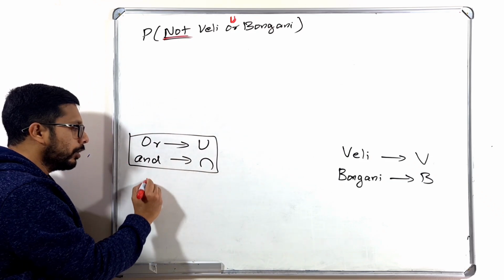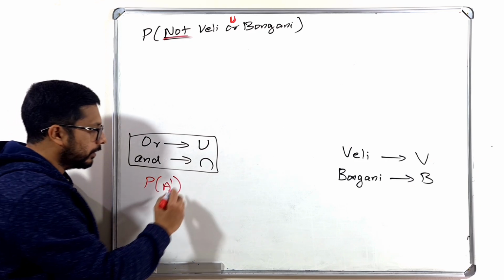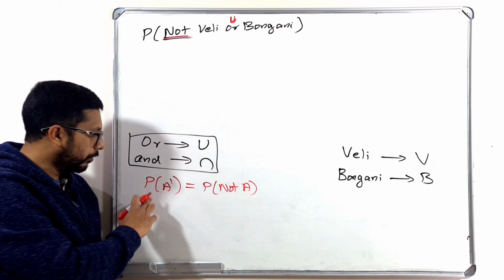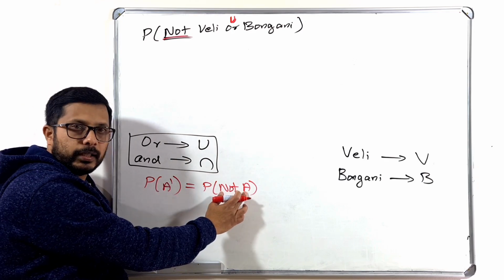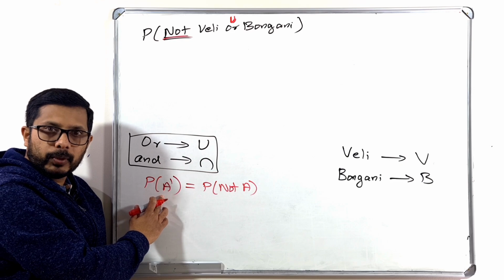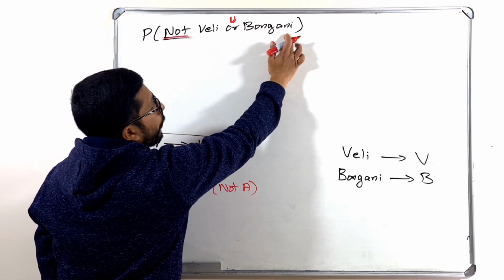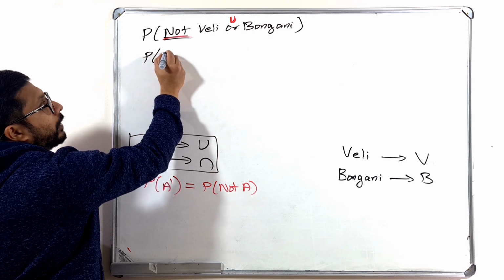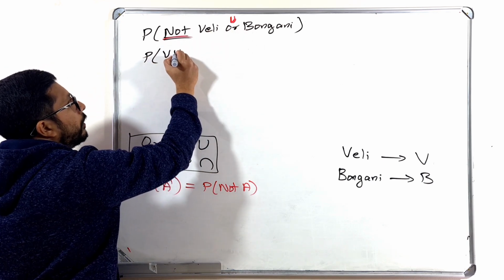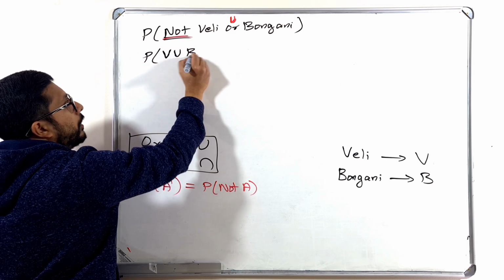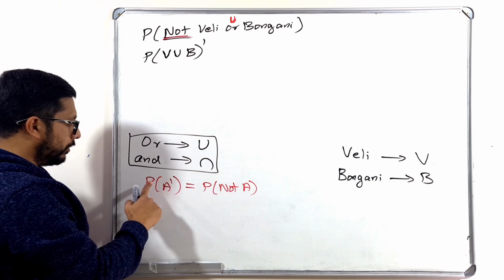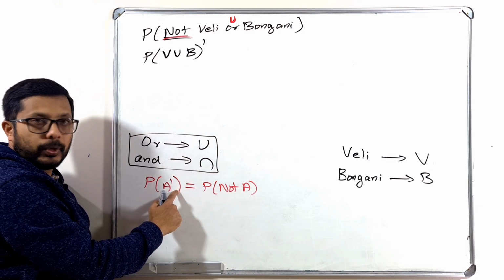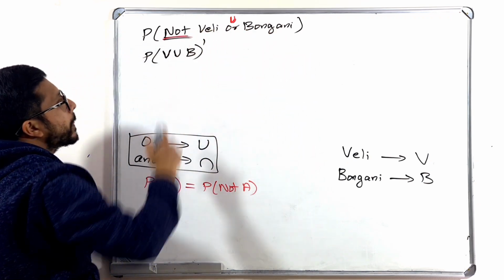When you study theory, I told you probability of A complement is the same as probability of not A. So probability of not A is the same as probability of A complement.